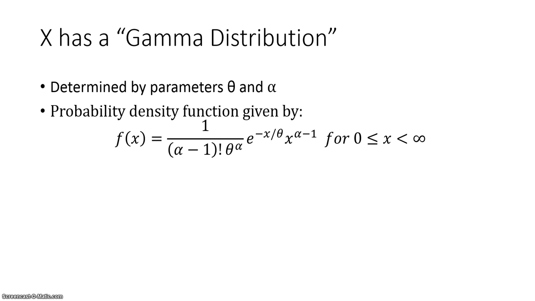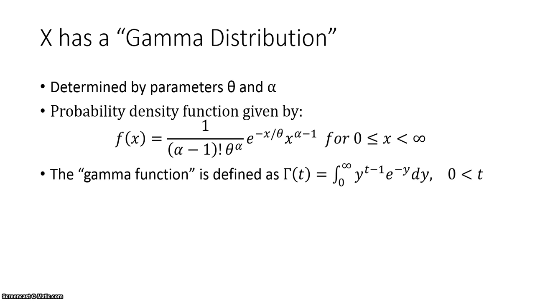And the probability density function for the gamma distribution is given by little f of x is equal to 1 over alpha minus 1 factorial times theta raised to the alpha power, multiplied by e to the minus x over theta times x to the alpha minus 1 for values of x that are greater than or equal to 0. So we've got another continuous probability distribution here.